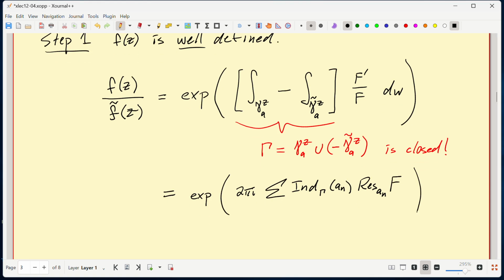And if you think about that, this thing is an integer. This thing is also an integer, mn. And so I get exponential of 2 pi i times an integer.